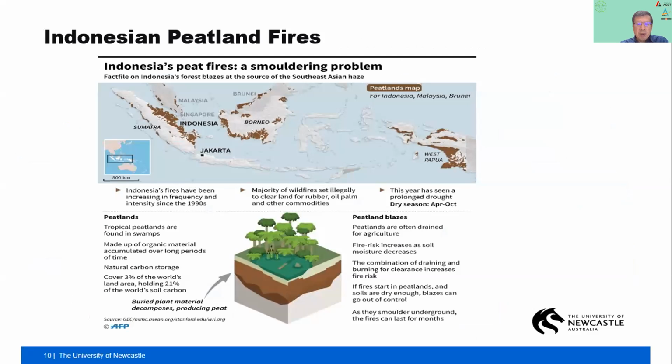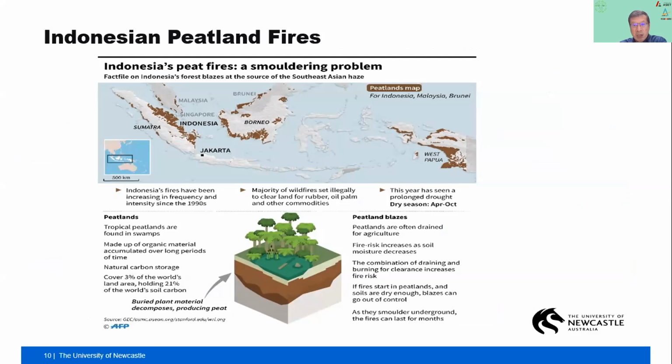Unfortunately, as you have heard, there are peatland fires from deforestation and massive burning of the peatlands. So we find that it has a smoldering problem, which has created massive haze across the different ASEAN region. So what happens in the peatlands?